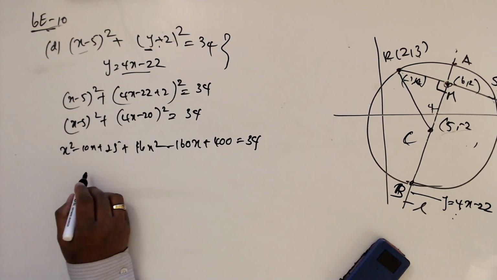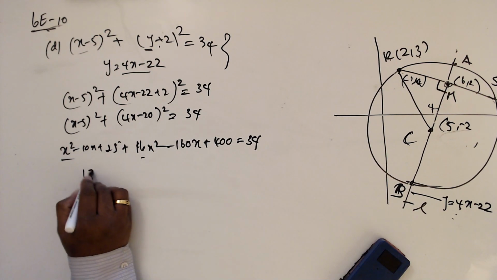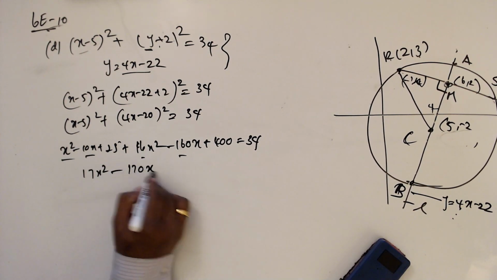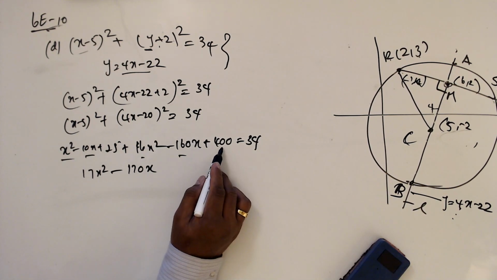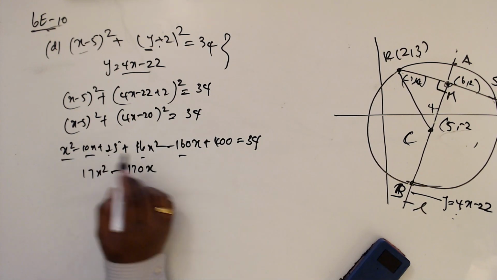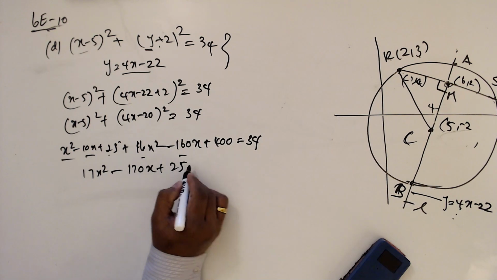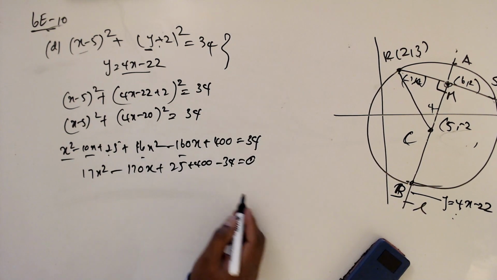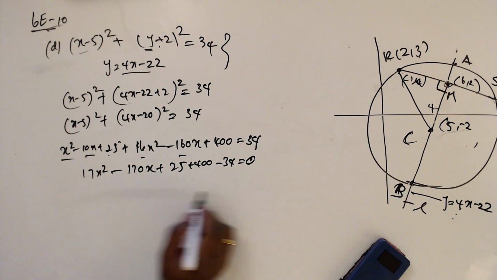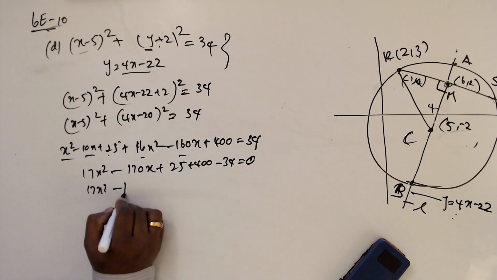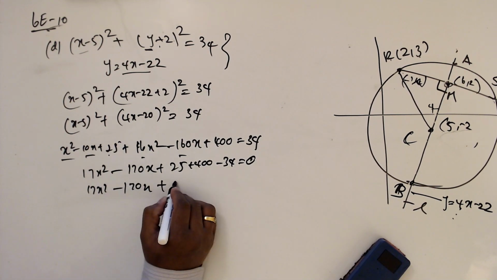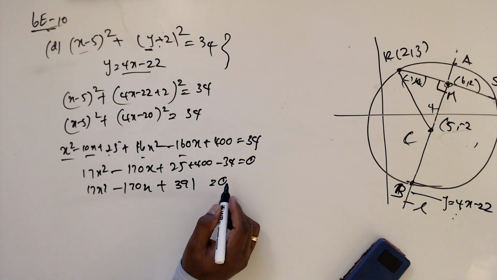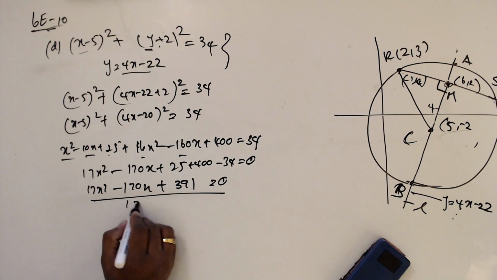So this is going to be 17x squared, minus 170x, plus 25 plus 400 minus 34. 17x squared minus 170x plus 391 equals 0. I will divide by 17.